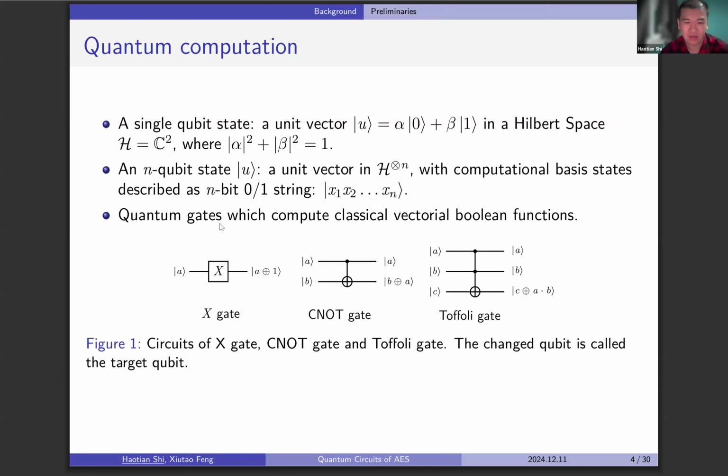The three fundamental quantum gates which compute classical vectorial Boolean functions are the X gate, CNOT gate, and Toffoli gate. These three gates are actually the quantum equivalents of the classical NOT gate, XOR gate, and AND gate. One can say that these three gates act on the computational basis states like their corresponding classical gates.